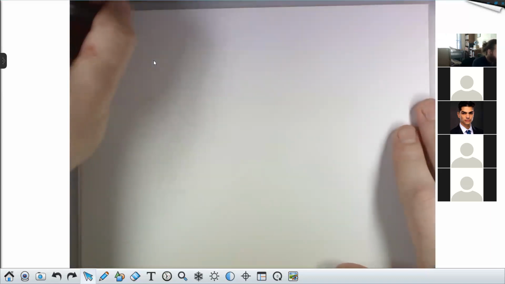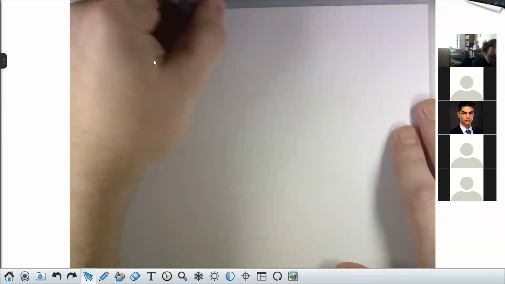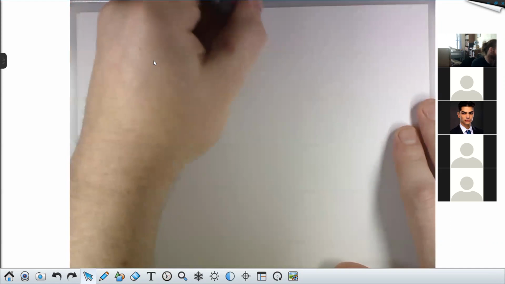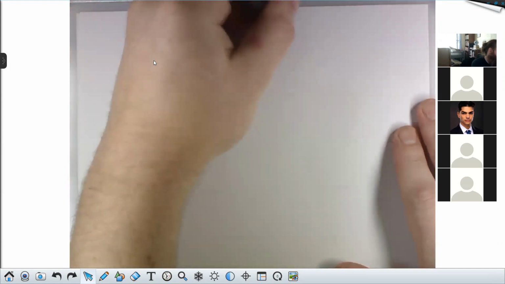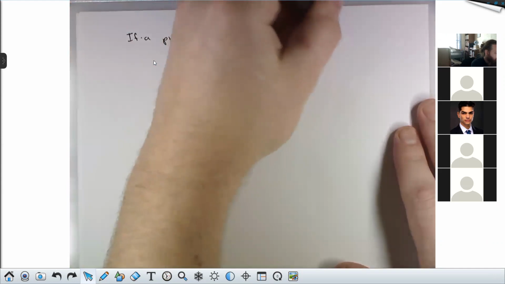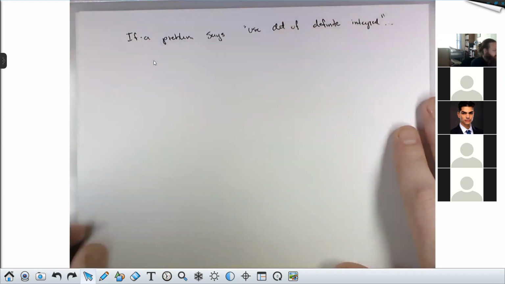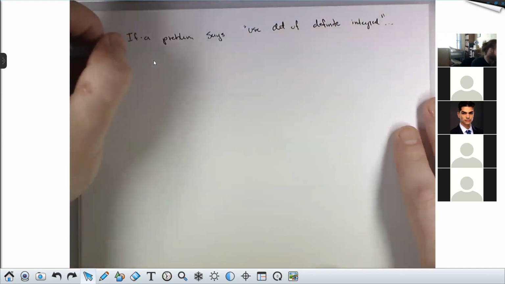Yeah, good question. So here's the deal. If a problem says to use the definition of the definite integral to evaluate, then you need to use the Riemann sums.